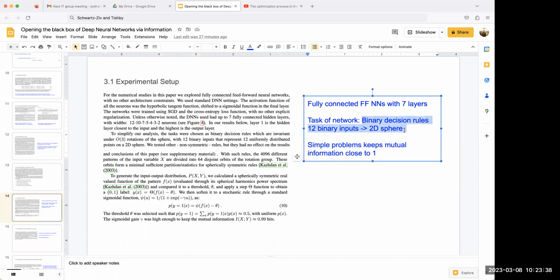So their network takes input data with size 12, and then through 7 layers, processes it to a two-dimensional representation of the target. So the layers go from 12 dimensions down to 2.